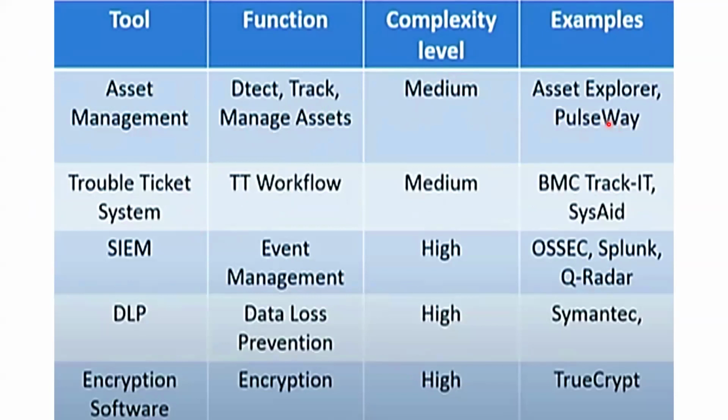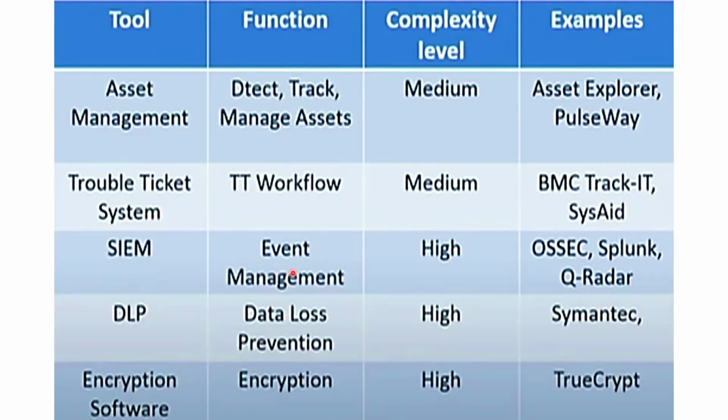Examples are AssetExplorer and Pulseway. Then a ticket system is basically a system that will maintain the logging details or session details. Ticket workflow is medium, and Sysaid is an example of it.